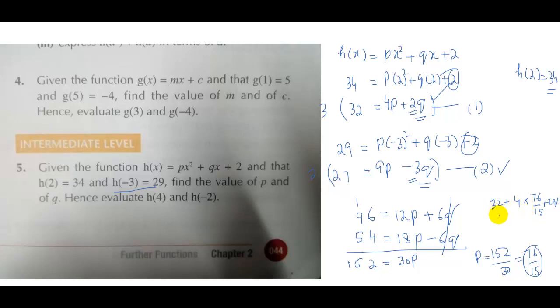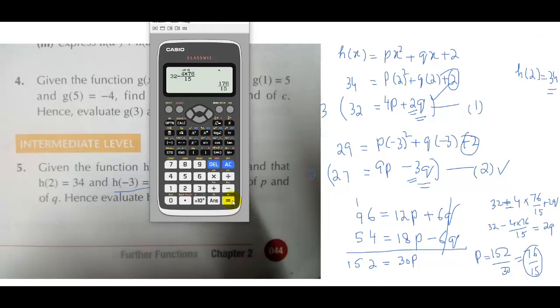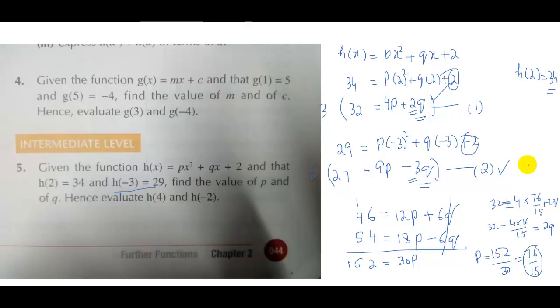So bring this over here, it is 32 minus 4 into 76 over 15 is equal to 2q, and just using the calculator we can find the value. So it's this, and then divide by 2, and q is 88 over 15. Now we have found both p and q.